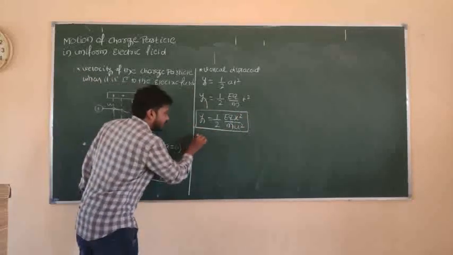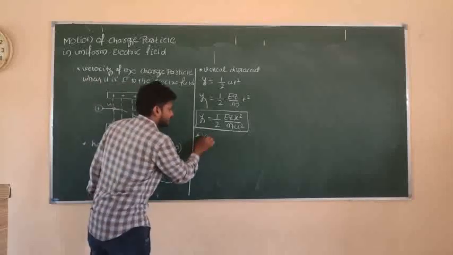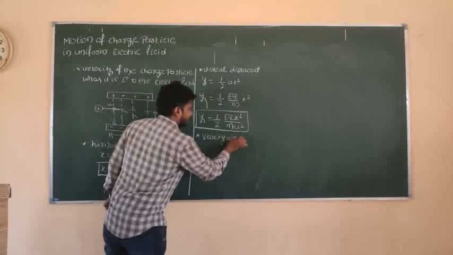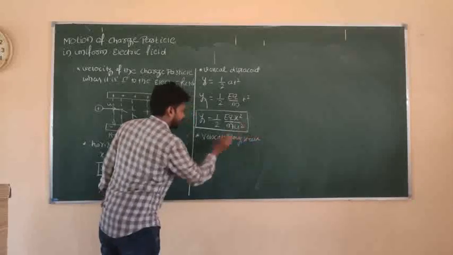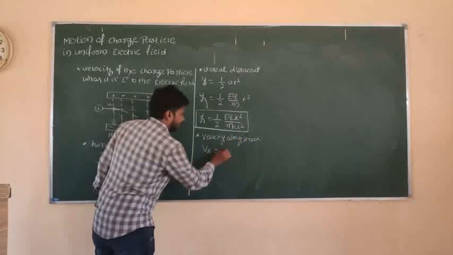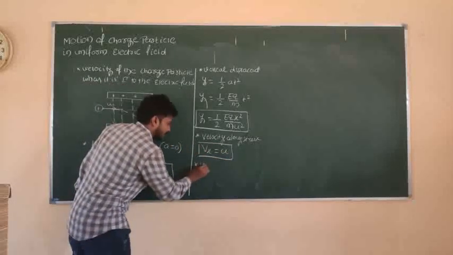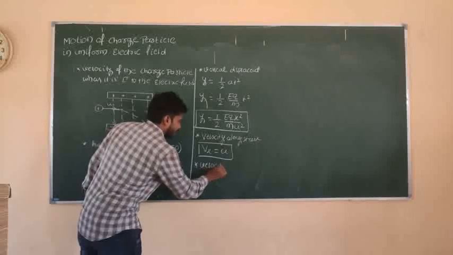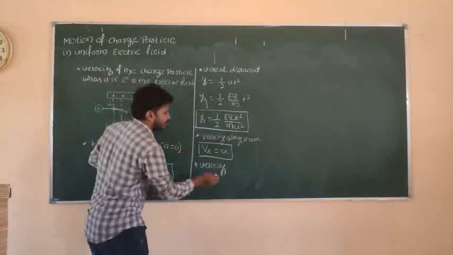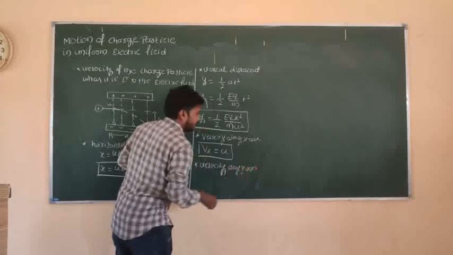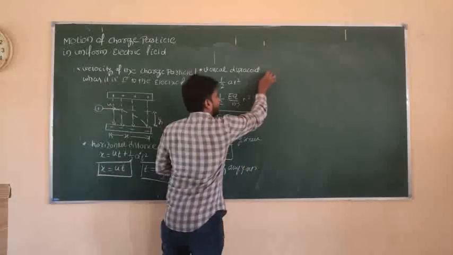Then what about the velocity along the horizontal direction? The horizontal velocity along the x-axis is v of x, equal to the initial velocity u. And what about the velocity along the y-axis, which is the velocity perpendicular to the field line?